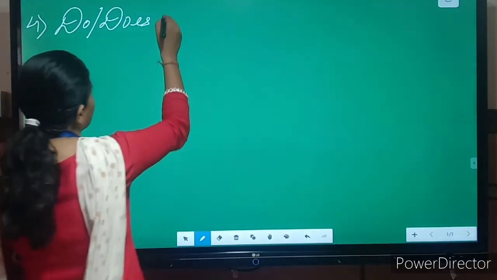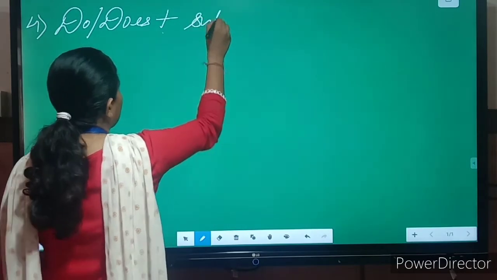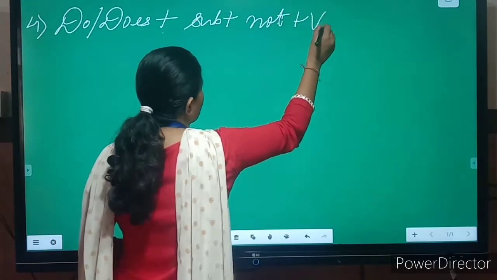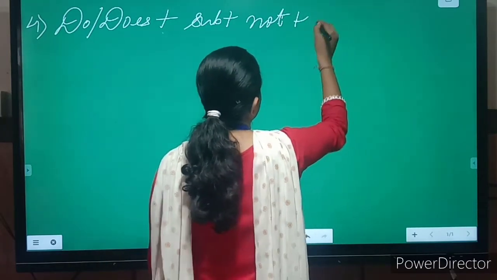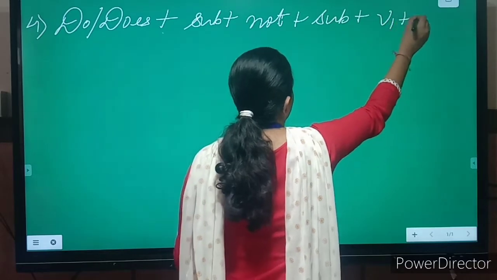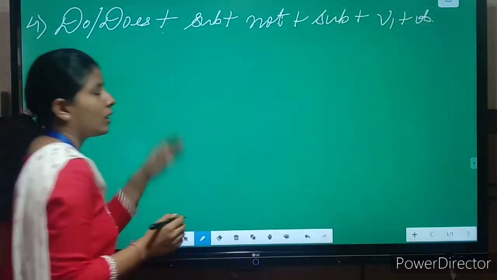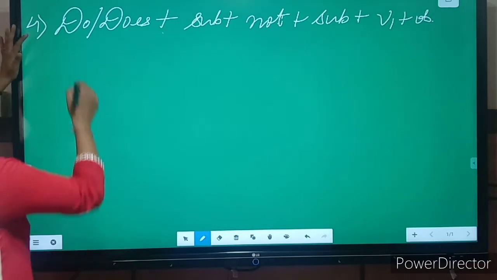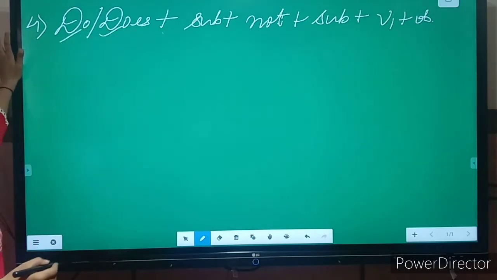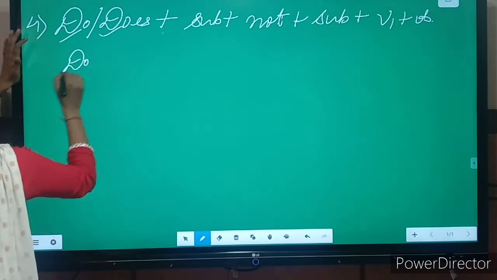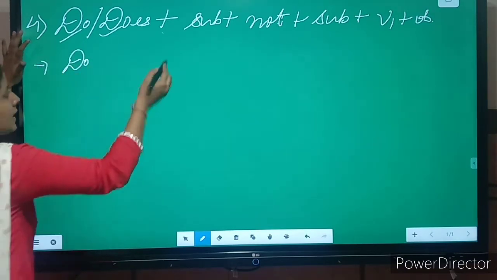Clear? And then you will use subject, and then you will use not, and then verb, then subject, and then verb and object. Clear? So let's go according to the structure. First you have to use do or does. So along with I, what will you use? You will use do. Clear? And then subject was you.